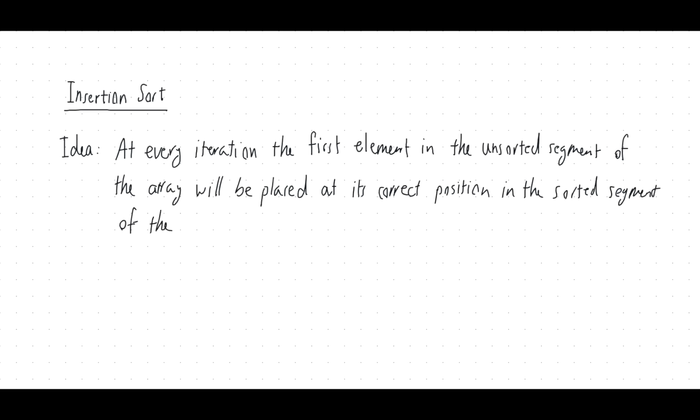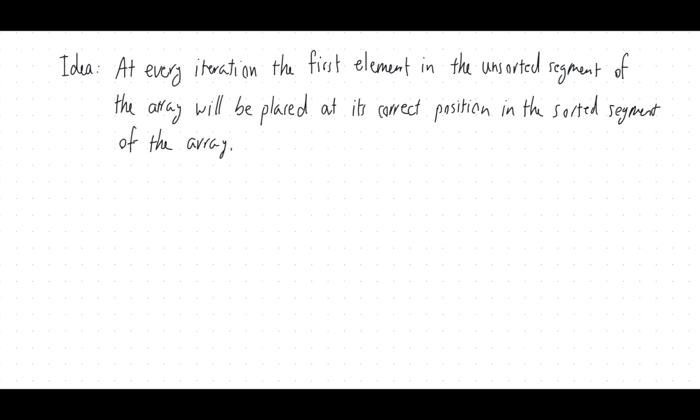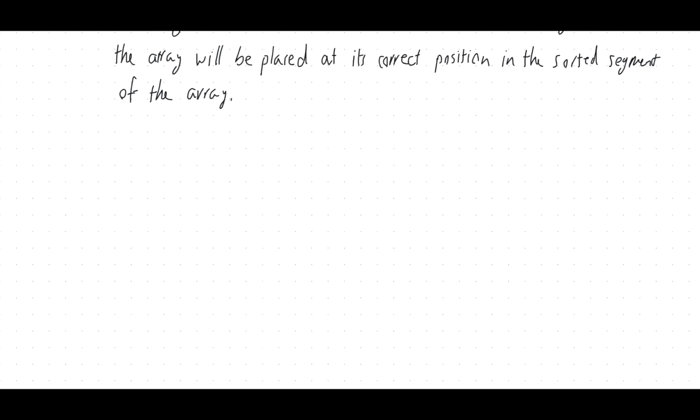So an example would clarify what exactly we mean by this. So let's go through an example and do every step and see how this works, and then we will come back to the algorithm itself and actually implement this idea. Okay, so let's start with an array of integers of size 6.